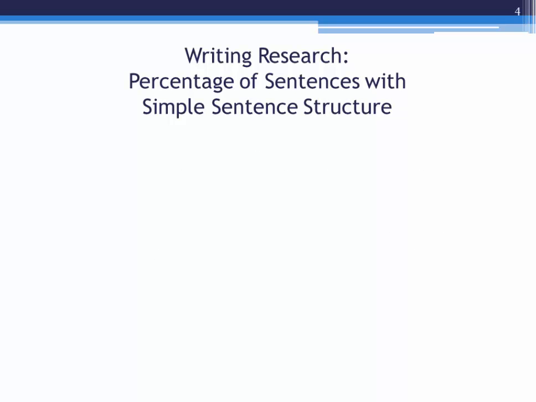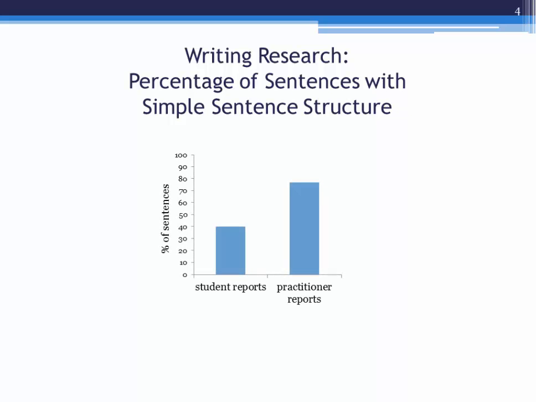Our writing advice in this unit, like all our units, is based on research about writing by civil engineering practitioners and students. And as you can see here, most practitioners do practice what they preach about simple sentences. The figure compares the percentage of simple sentences in student reports and practitioner reports.